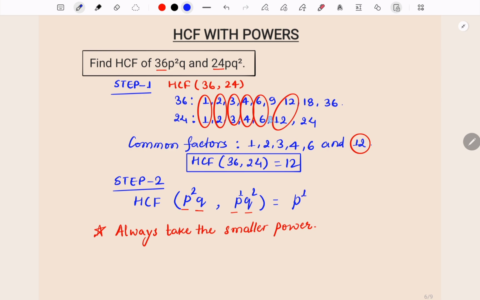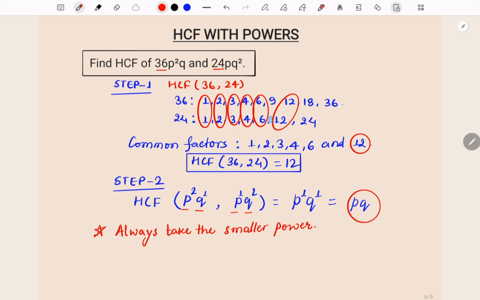Now, let's deal with q. In the first term, we have q raised to the power of 1, but in the second term, we have q raised to the power of 2. Now, the rule says that we need to take the smaller power. That means we will have to take q raised to the power of 1. Now, p raised to the power of 1, q raised to the power of 1 is simply pq, right? So the HCF is pq.